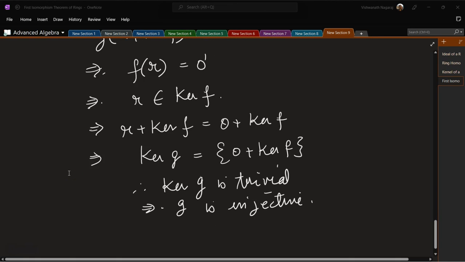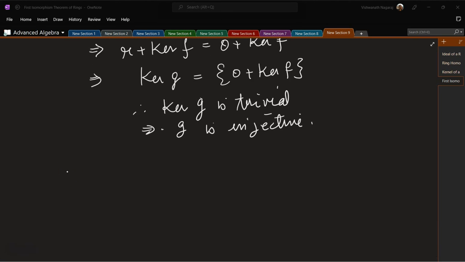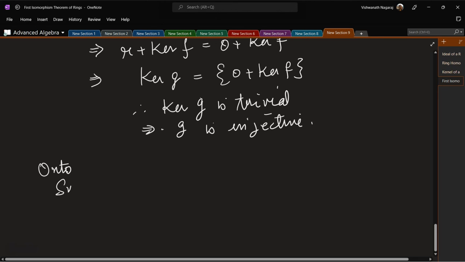Now we have shown that it is well defined, that it is a ring homomorphism and it is one-to-one. Now we have to show that it is onto, or surjective. This is pretty straightforward. f of R belongs to image of f.